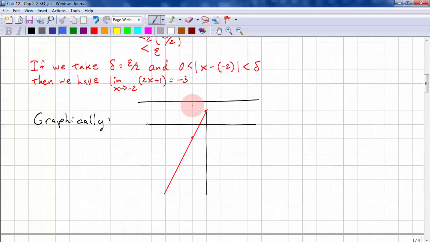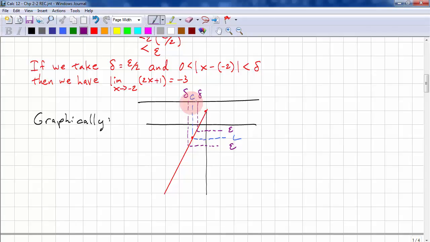If we look at our point, this is c, this is L. And if we take our epsilon, we can see that this is above and below, so that's why we do the absolute value of f of x minus L. And if we take this up, we can see this is delta and this is delta.